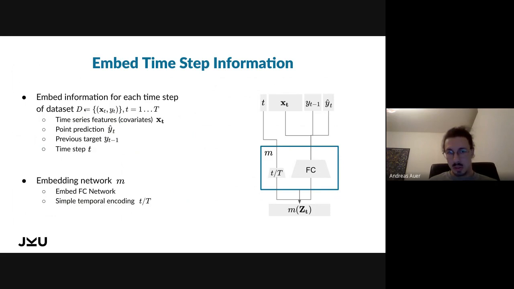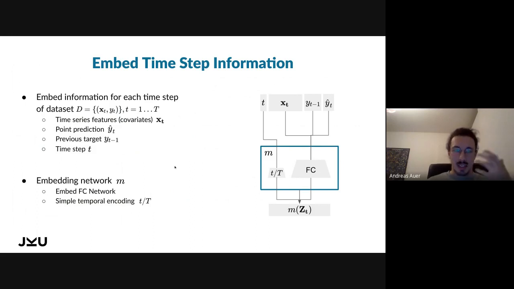Then we use more or less all the information we have at hand. So we use the time series features. We can use the current prediction of the point prediction model. We can use, if we have it, the previous target, and we can use the information about the time step in the form of a temporal encoding.